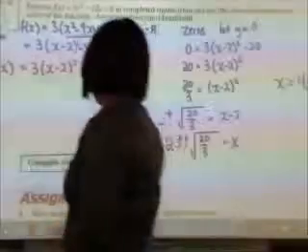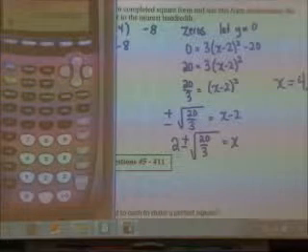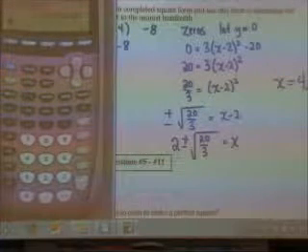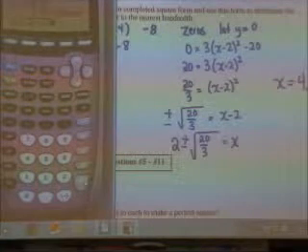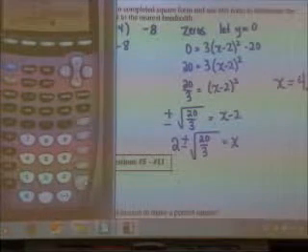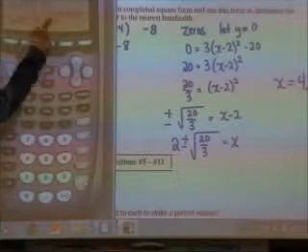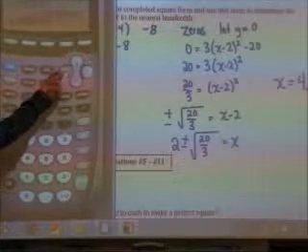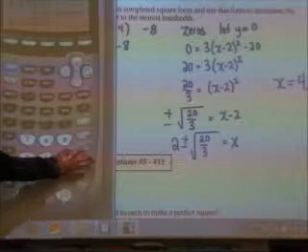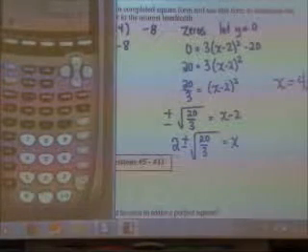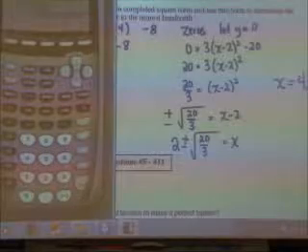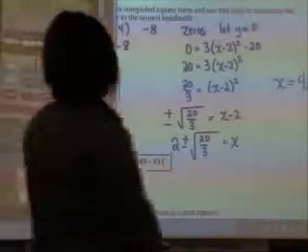I think I've shown you this before, but just to review, I'm lazy, I don't want to have to retype the whole thing again, so if I go second and the enter button, it pastes what I just typed in back, but the cursor's sitting here, so I can move my cursor back, change plus to minus, and then I get my next answer, negative 0.58. So instead of me having to type it all over again.